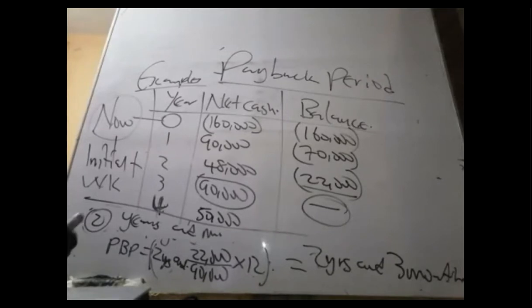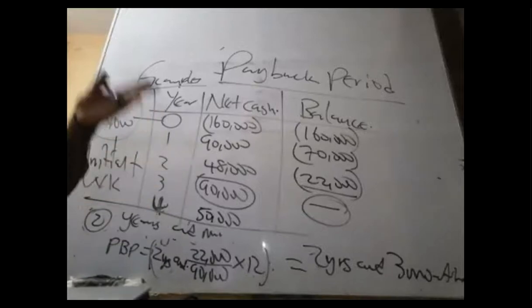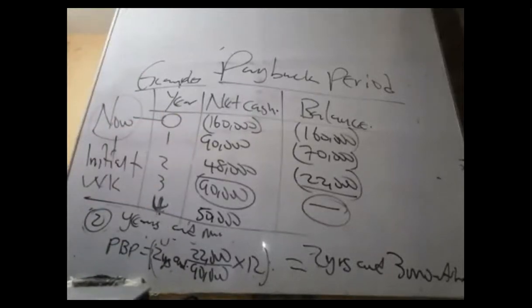And 2.93 months is equal to what? 3 months. So 2 years and 3 months. And that's the final answer. Now you are doing years and days, or all in months, or all in days. So try that one for me.